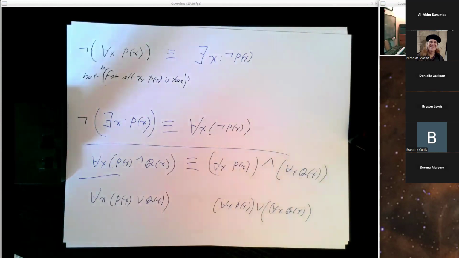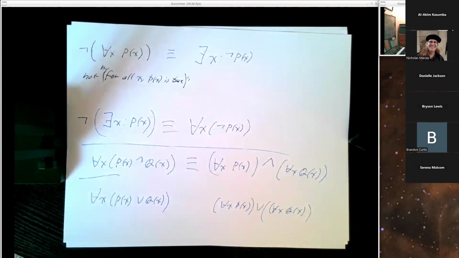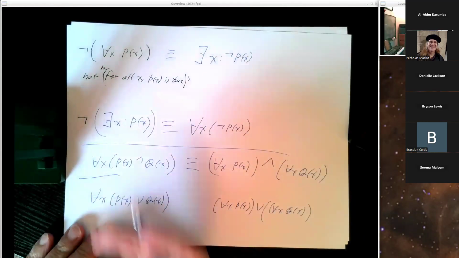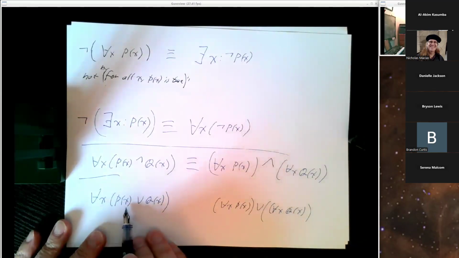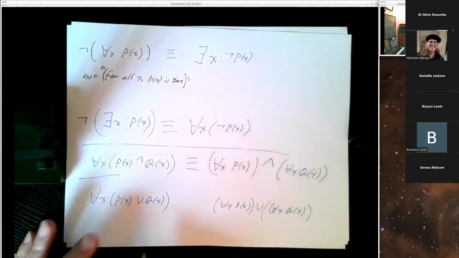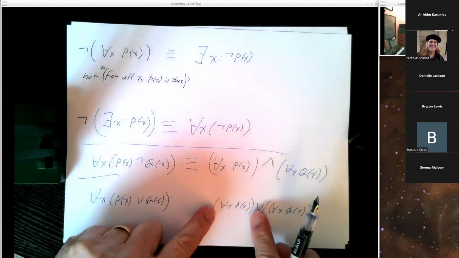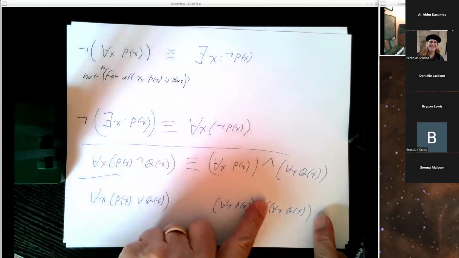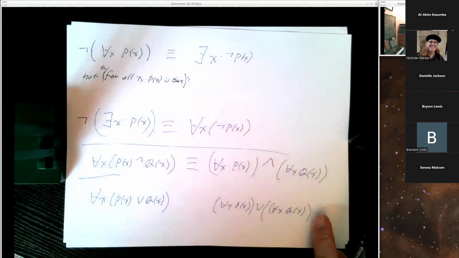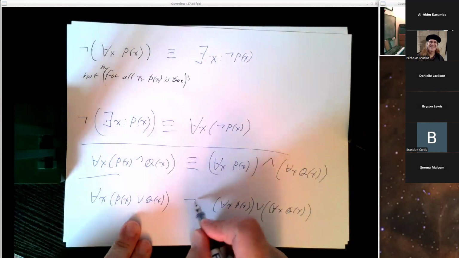All integers are either positive or negative. So P could say X is positive, Q could say X is not positive, negative. For all integers, X is either positive or negative. But this says for all integers, X is positive, or for all integers, X is negative. And neither of those are true. So these are not equivalent.